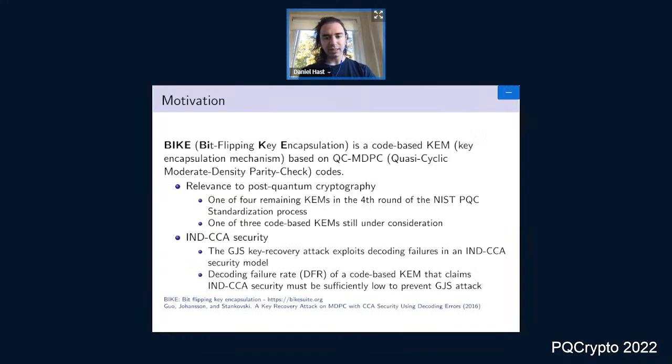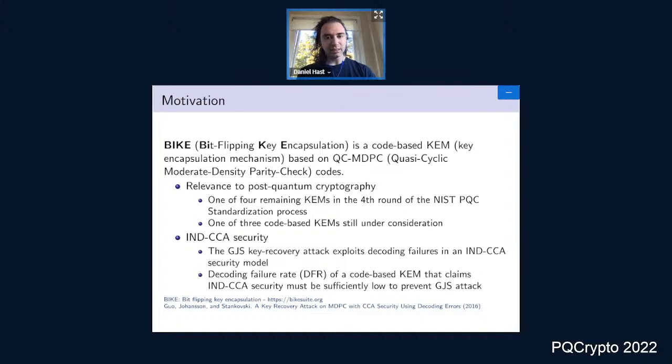This concerns the BIKE cryptosystem. So what is BIKE? This is a code-based key encapsulation mechanism based on quasi-cyclic moderate density parity check codes. I'll say more about that in a minute. It's one of the 4 remaining key encapsulation mechanisms in round 4 of the NIST PQC process, 3 of which are code-based.